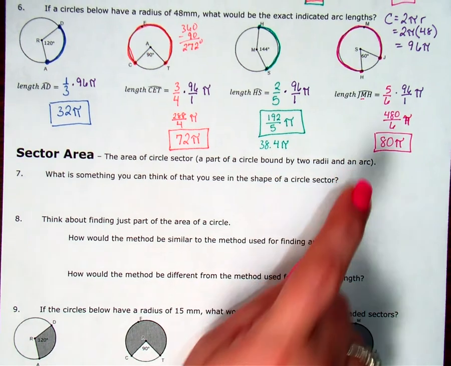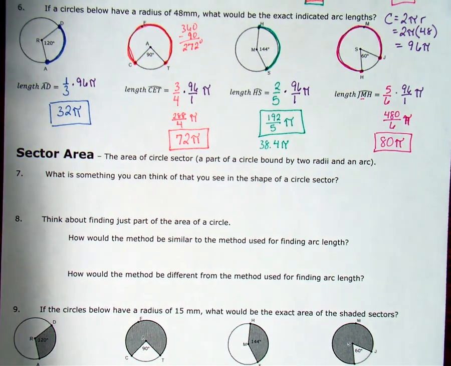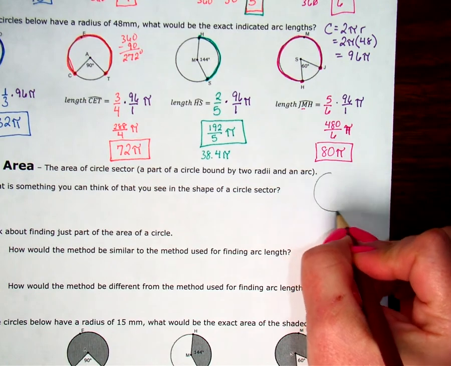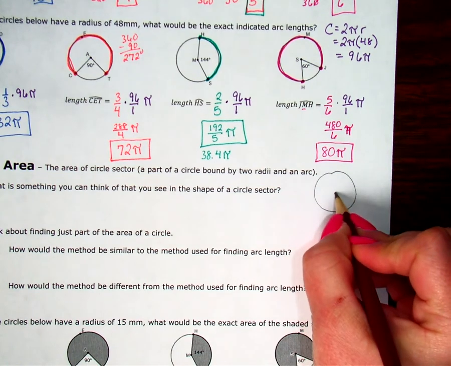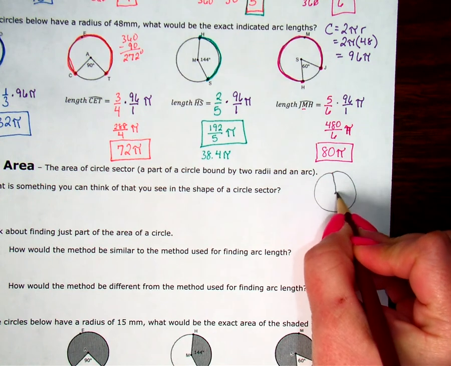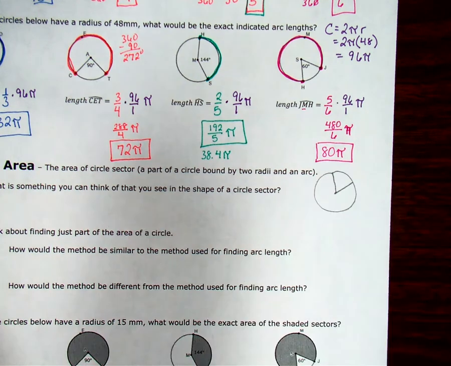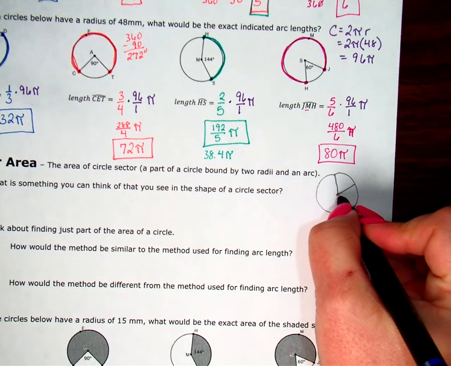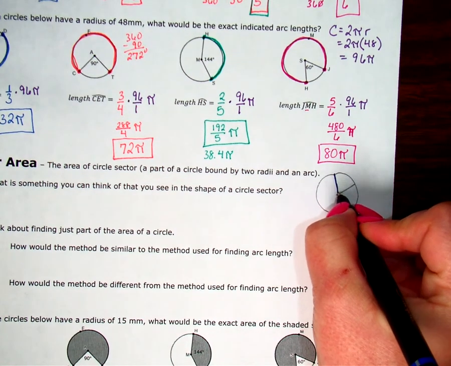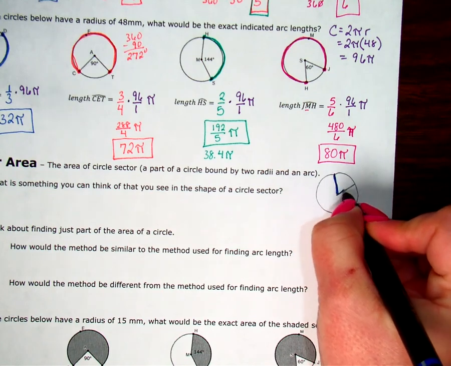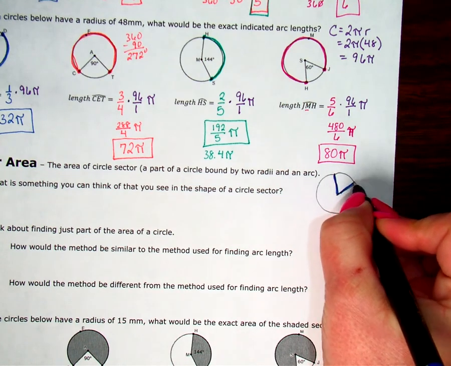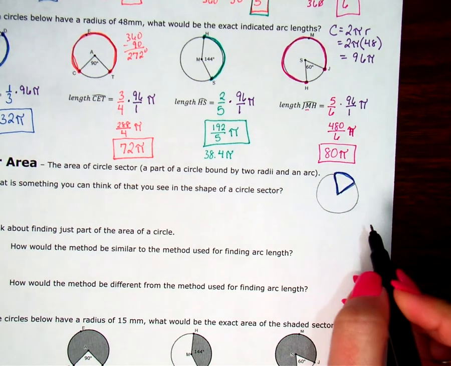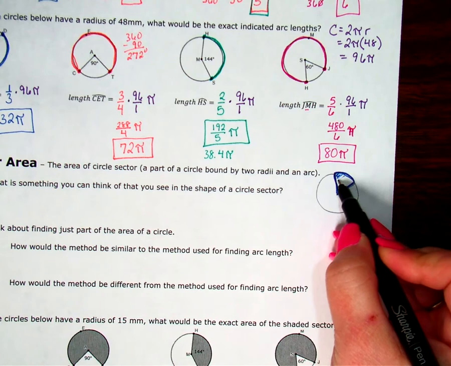So if I have a circle and I draw in 2 radii, my sector is going to be 2 radii, 1, 2, and an arc. The area of that circle sector is going to be all of this.